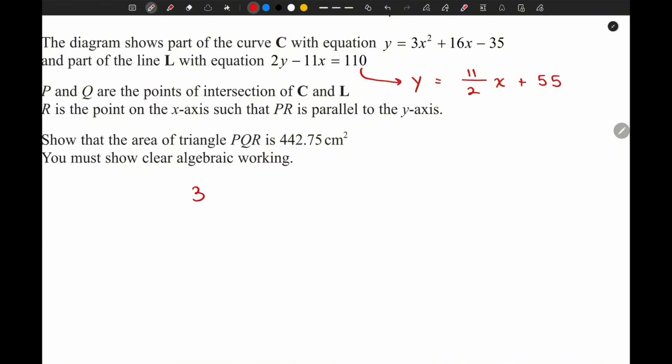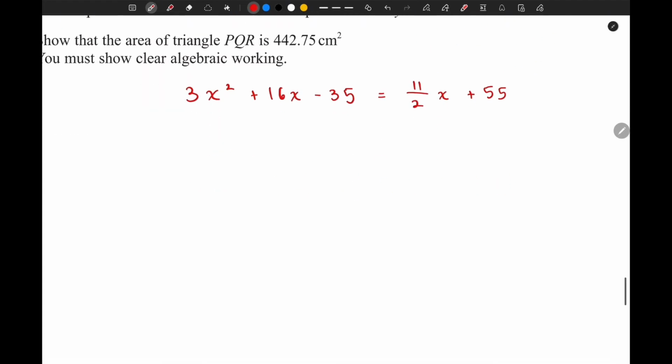So we can say that 3x squared plus 16x minus 35 equals 11 over 2x plus 55. Now if we rearrange this equation, we should get 16 minus 11 over 2, which is 10.5x, and minus 35 minus 55, which is minus 90, equals 0.